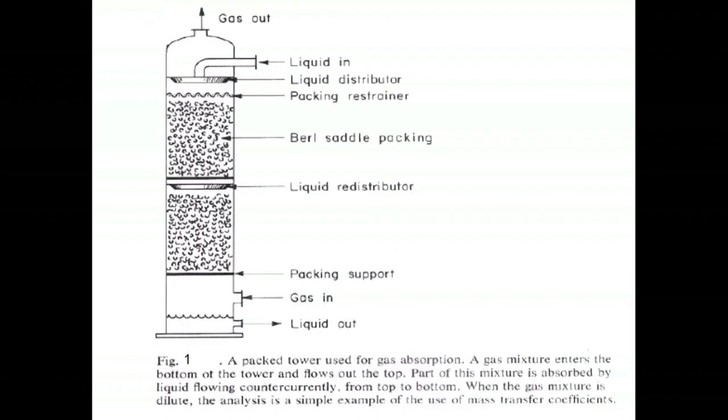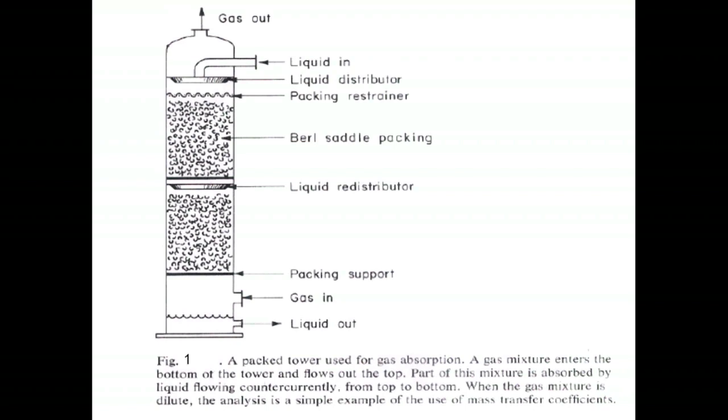That's the next question. How do we decide where loading will happen, where flooding will happen, and how do we design the packed tower? That's the reason we need to do those experiments in the laboratory with different sized packed towers, and then use what I told you earlier, create a design chart which then could be used by anybody.